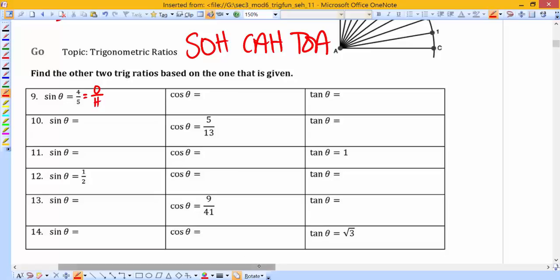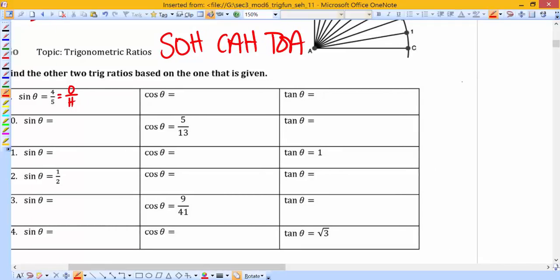So I can actually make a right triangle. It doesn't have to be perfect. And if this is my theta, you can put theta on either one of these two angles. Just remember, it cannot be your right angle. But if I put theta, so opposite is 4, hypotenuse is 5.